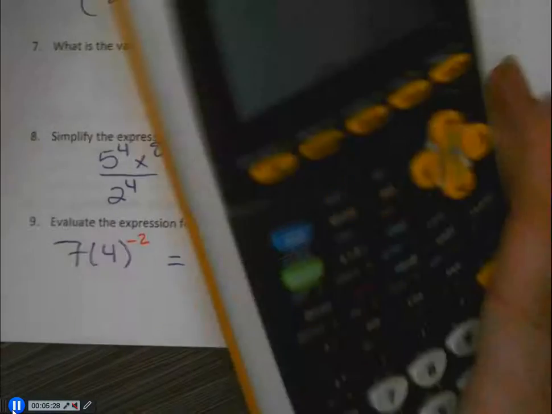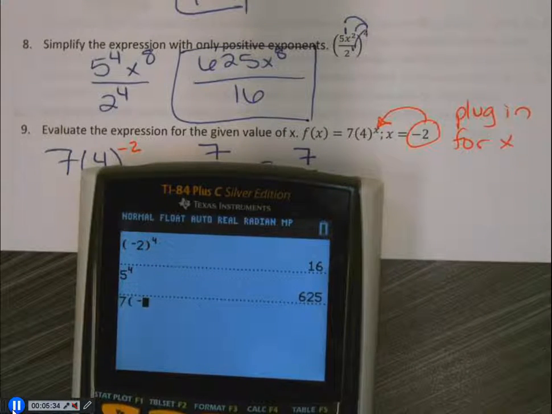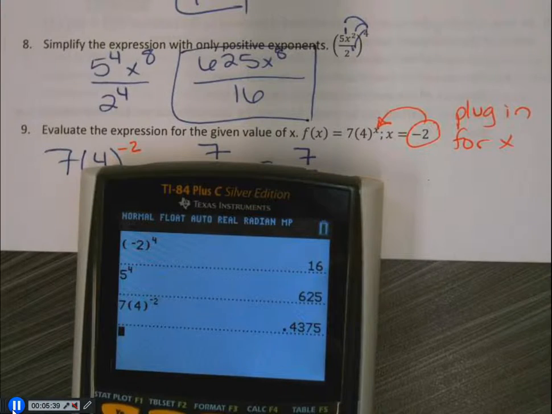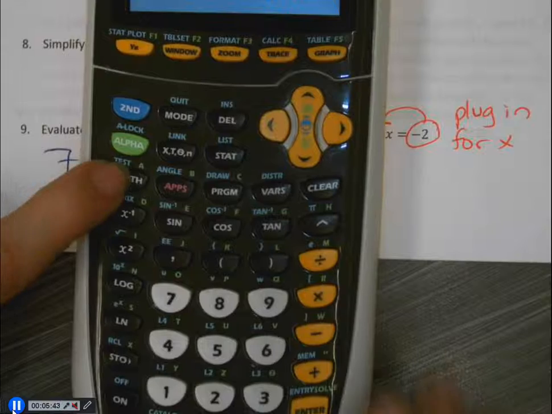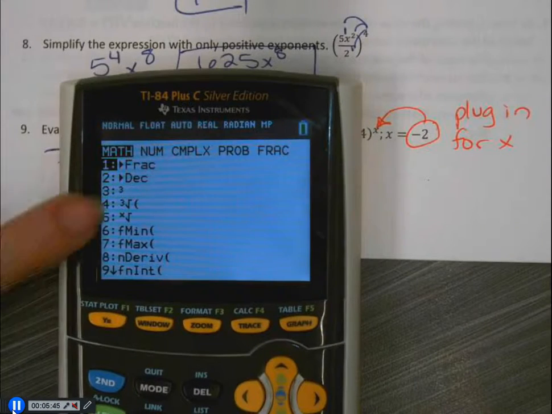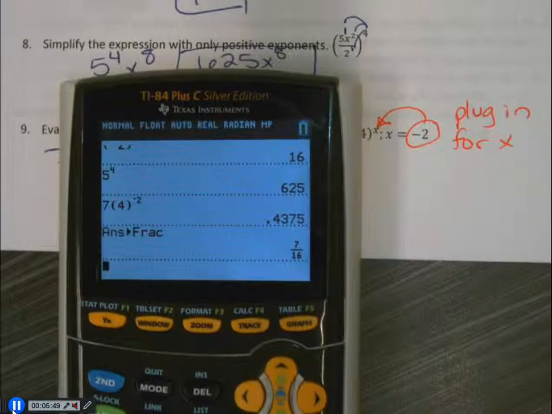If I absolutely forget how negative exponents work, I can type this into the calculator. Wait, that was a positive 4. Like this. It'll give me a decimal, but then what I want to go do is I'm going to press the math button, and then on the screen it shows me choice 1 is fraction. I hit enter twice, and it gives me 7 over 16, which we just got.